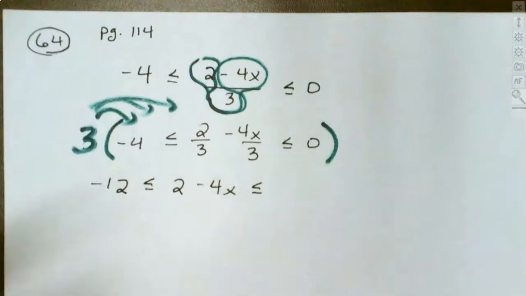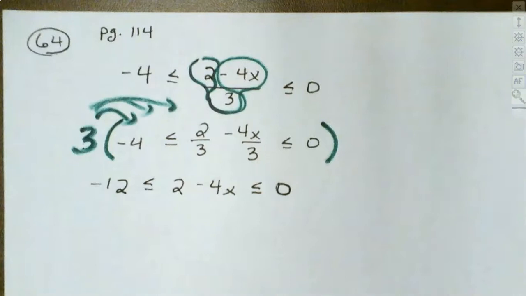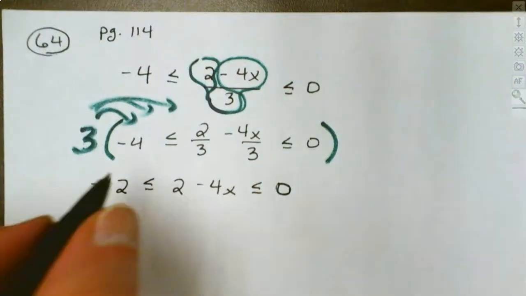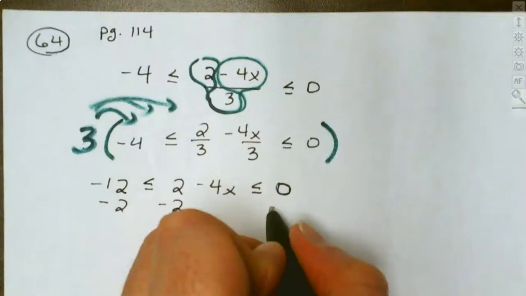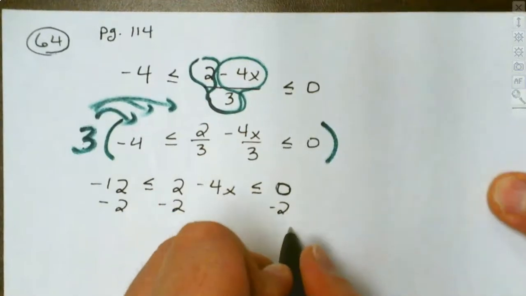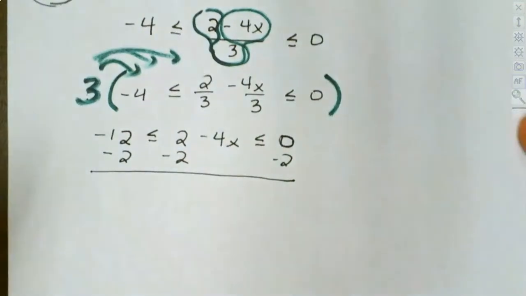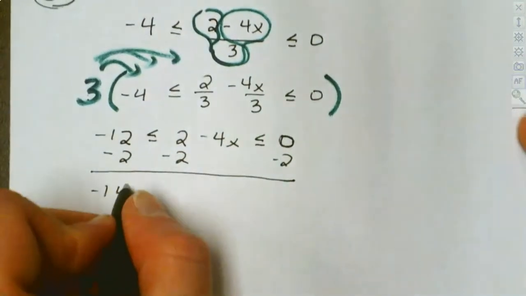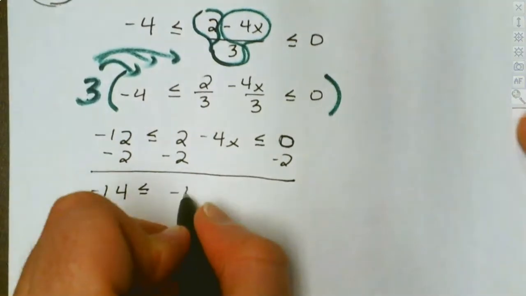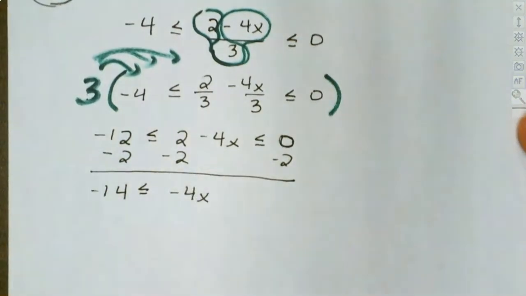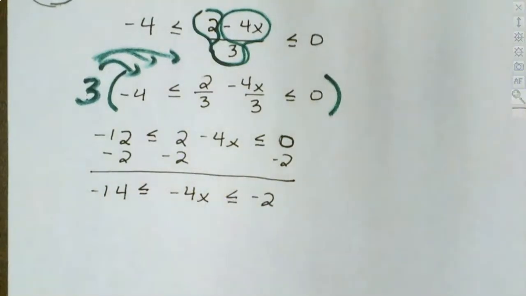And 3 times 0 is still 0. Move that 2 over with subtraction from all the sides. Make sure you move it from all the sides to get rid of that 2. Now we've got a negative 14 on the left, a negative 4x in the middle, and a negative 2 on the right.